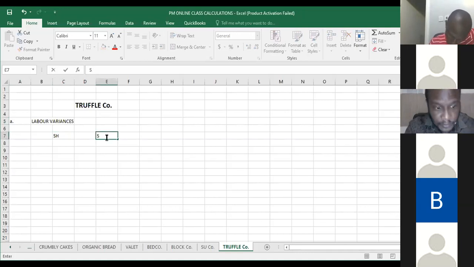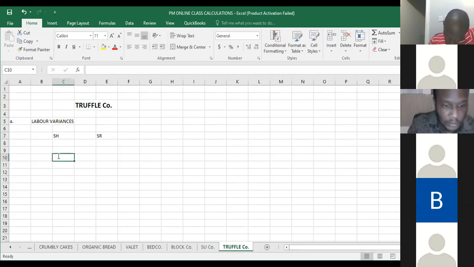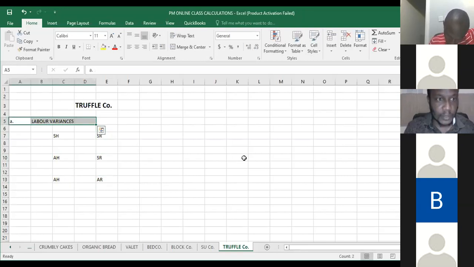And then actual hour, standard rate, and then actual hour, actual rate. And I'll leave the remaining space for us to fill in the blanks.